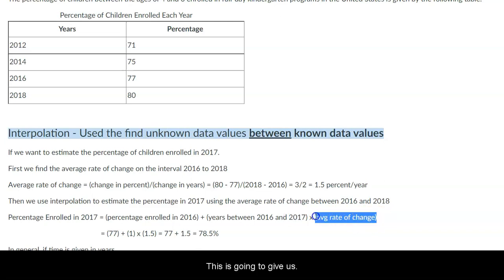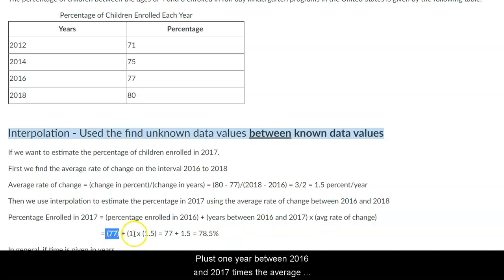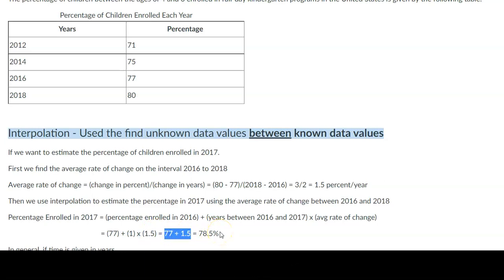This is going to give us the percentage enrolled in 2017. This is doing interpolation. So 77 is the percentage in 2016 plus 1 year between 2016 and 2017 times the average rate of change. So that's 77 plus 1.5, which equals 78.5% children enrolled in 2017. So that's interpolation.